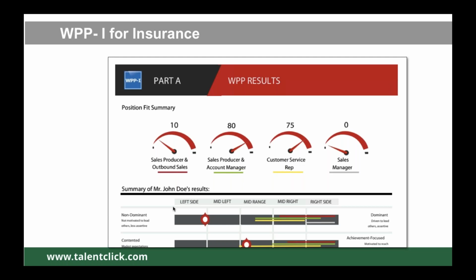We actually had one of them say, this is helping me identify diamonds in the rough, because I work in a relatively small town and I don't have a huge applicant pool. Before I started working with this tool, I might automatically dismiss or reject a candidate that came in for an interview because they just didn't wow me in the interview.